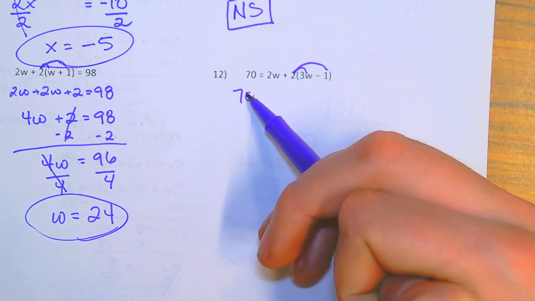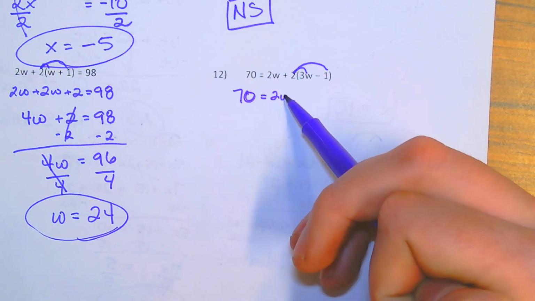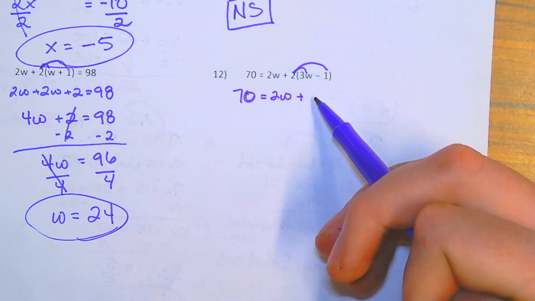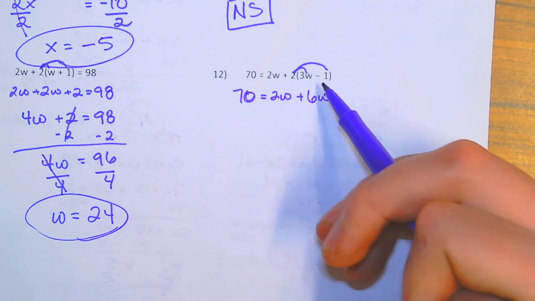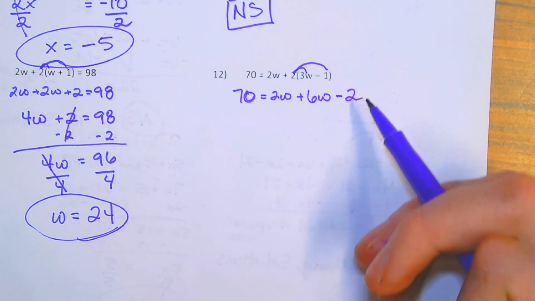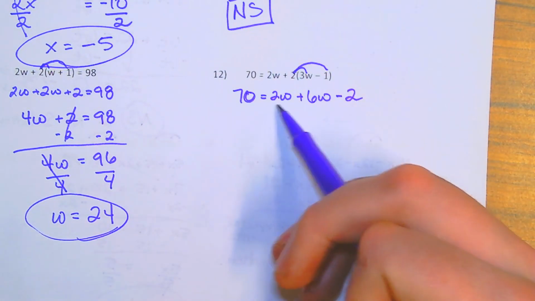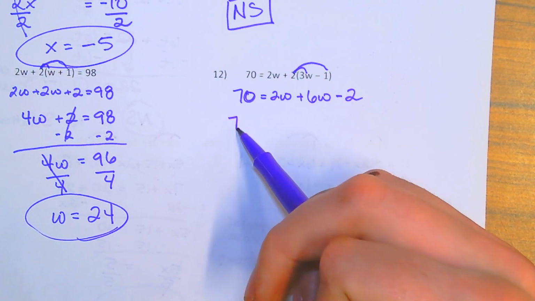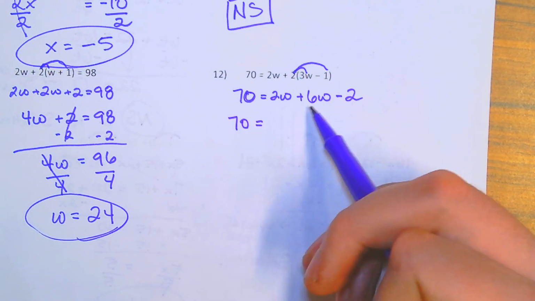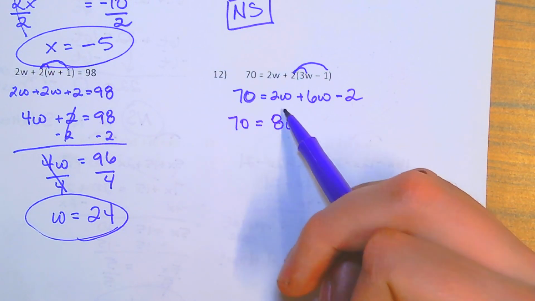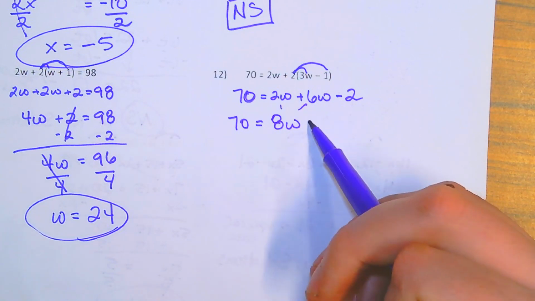So we just rewrite the rest of the equation and we take care of those parentheses. 2 times 3 is 6. 2 times a minus 1 is minus 2. Combine these two into a common term. 70 equals 2 plus 6 is 8w minus 2.